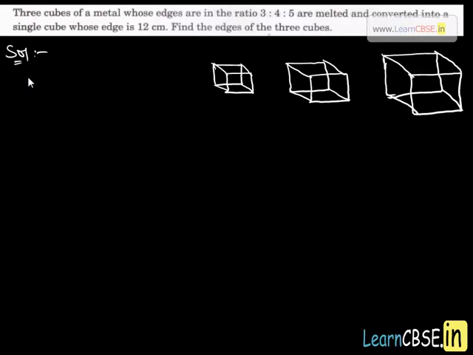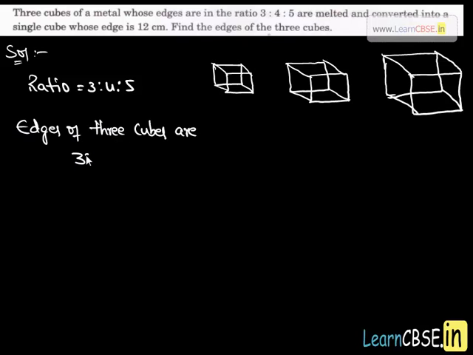It is given that the ratio of edges of 3 cubes is 3:4:5. If we take x as a common factor, then the edges of 3 cubes are 3x, 4x and 5x.